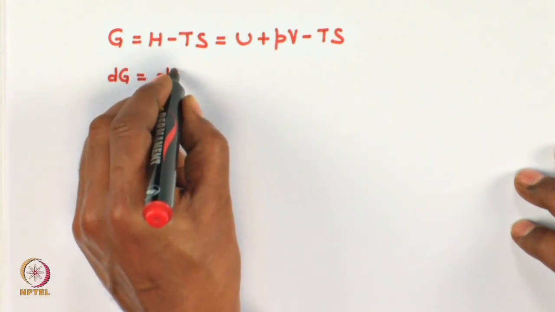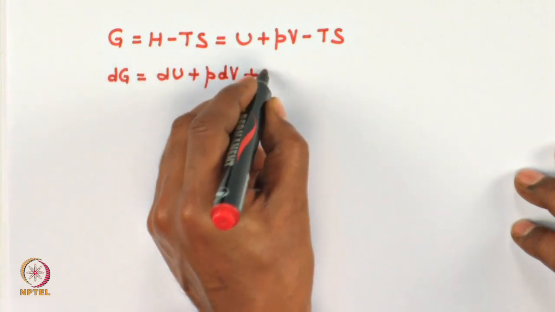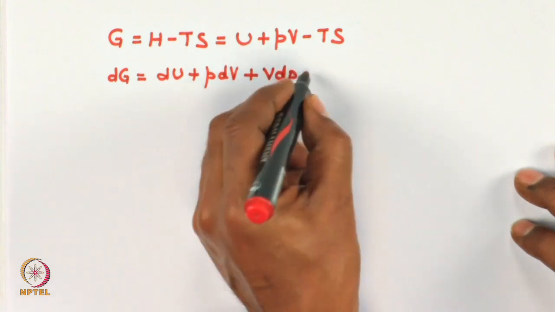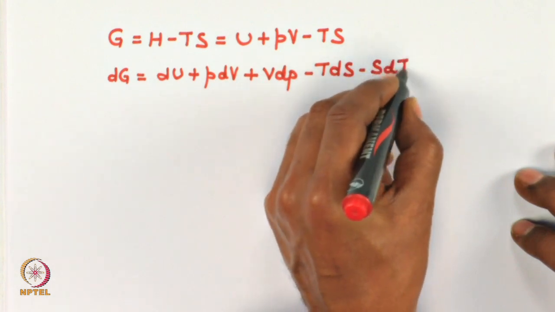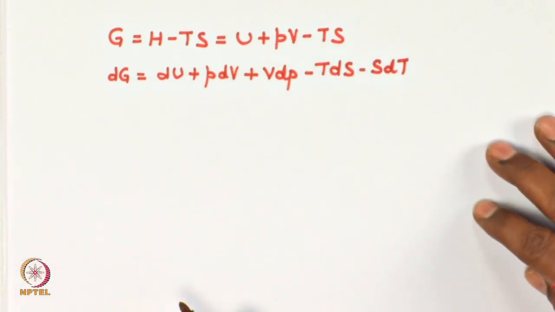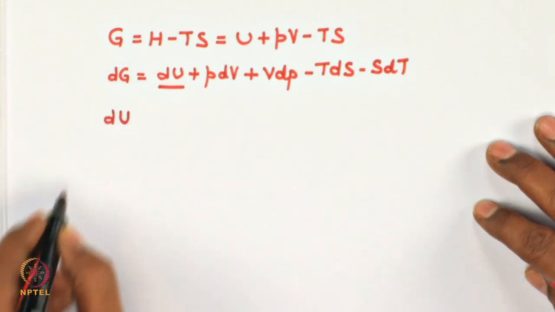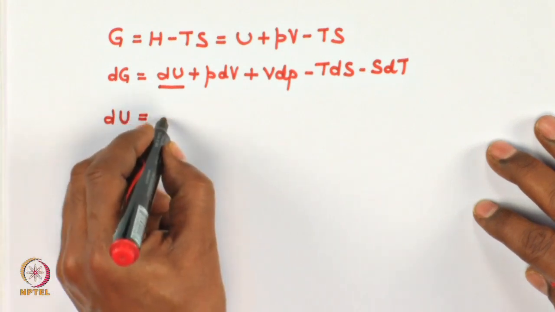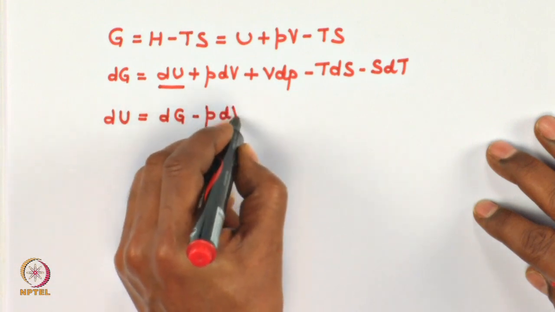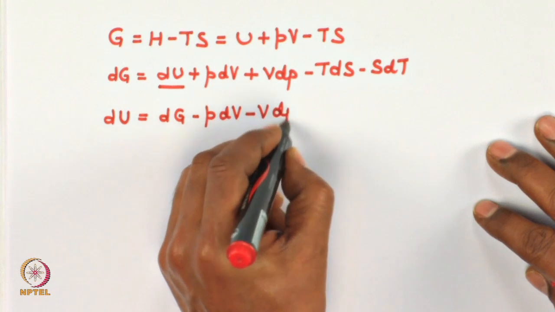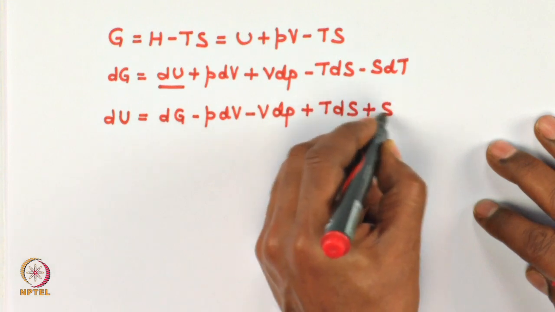This will be dU plus PdV plus VdP minus TdS minus SdT, and dU, that is what I am interested in, expressing chemical potential in terms of dU. This is equal to dG minus PdV minus VdP plus TdS plus SdT.